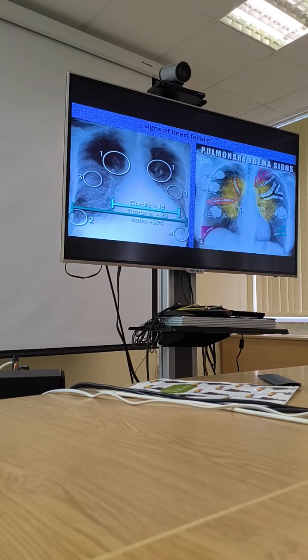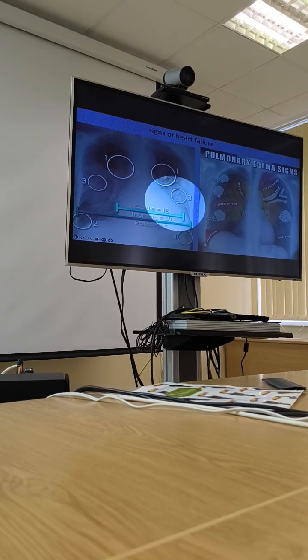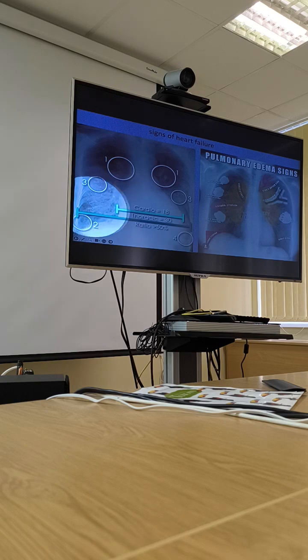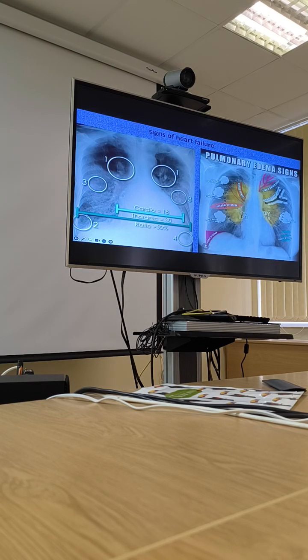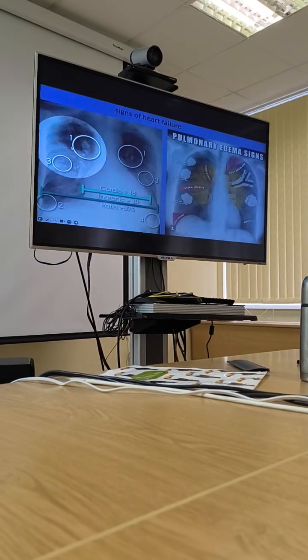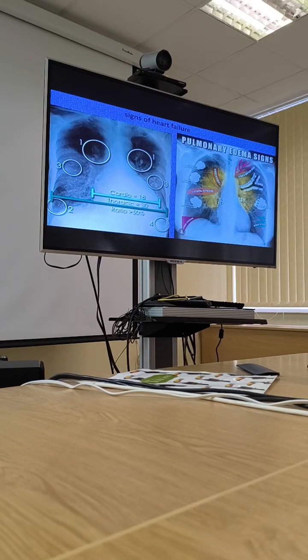Then we look at the lung markings, which get bigger, and we can add these curly lines. And if everything is completely bad, remember the extensive bilateral consolidation in heart failure, we will see lung edema.